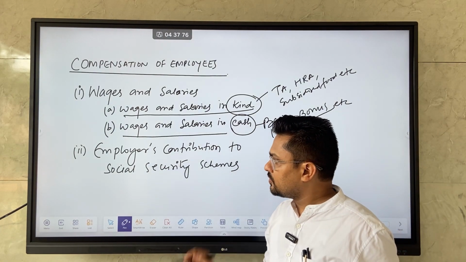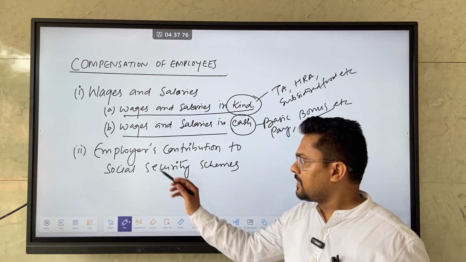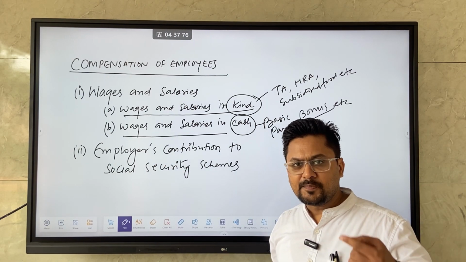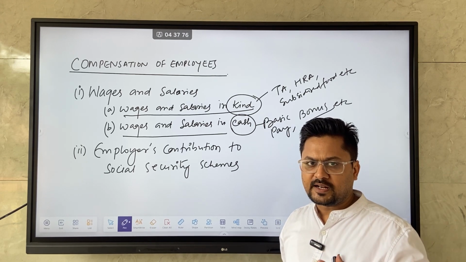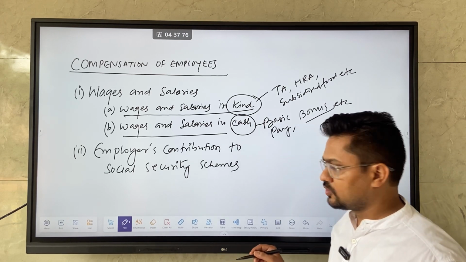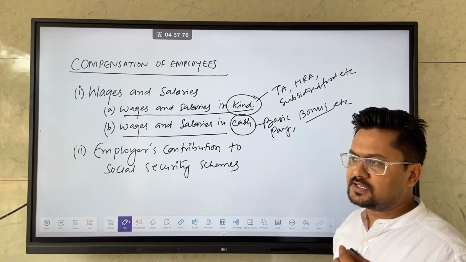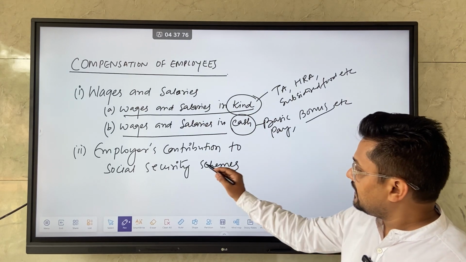Whereas employer's contribution to social security schemes is the contribution by the employer in the form of premium paid for employees, or it can be a provident fund. Whenever there are deposits in provident fund, or a premium paid by the employer, all this comes under SSS.